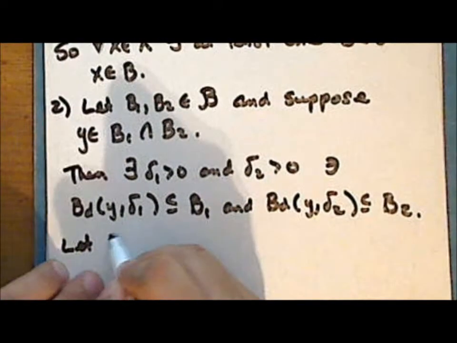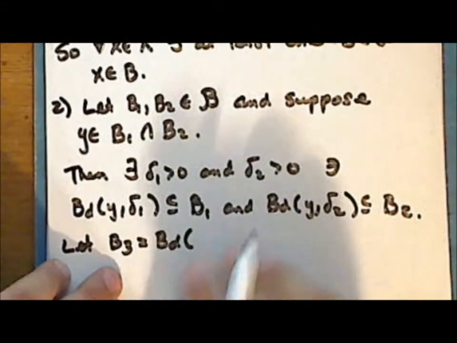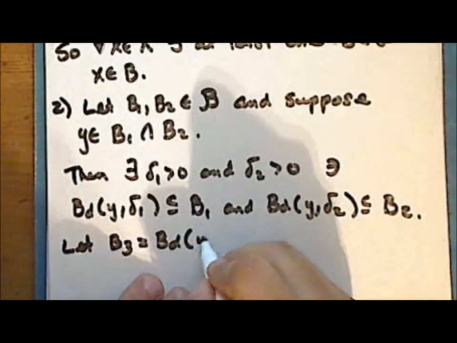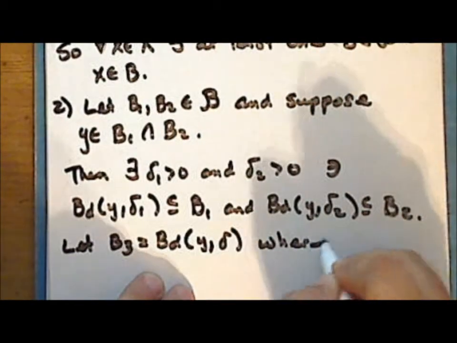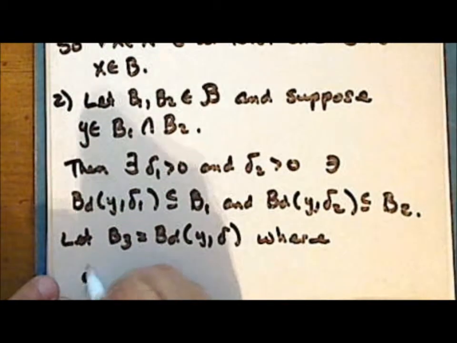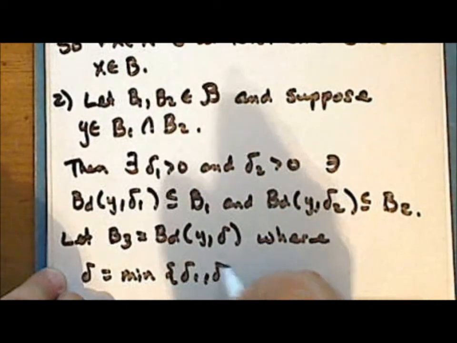So let B sub 3 be the epsilon ball centered at Y with radius delta, where delta is the smaller of the two values, delta 1 or delta 2.